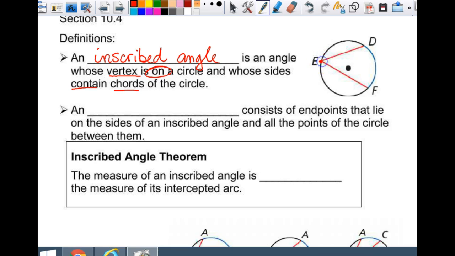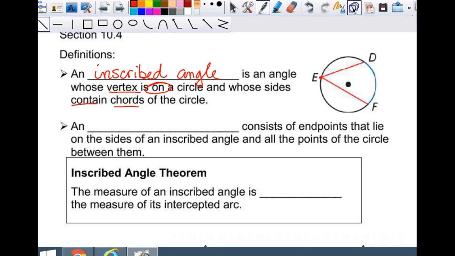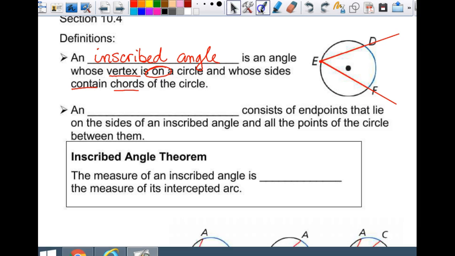It is on the circle, and in this picture the sides are chords, but it says contains because it could look like this, which is something I'm going to encourage you to do on these pictures, which is draw the angle to where it goes outside of the circle. This is an inscribed angle also, and in this case the sides are rays, which means that it just contains the chords, so it would look something like this.